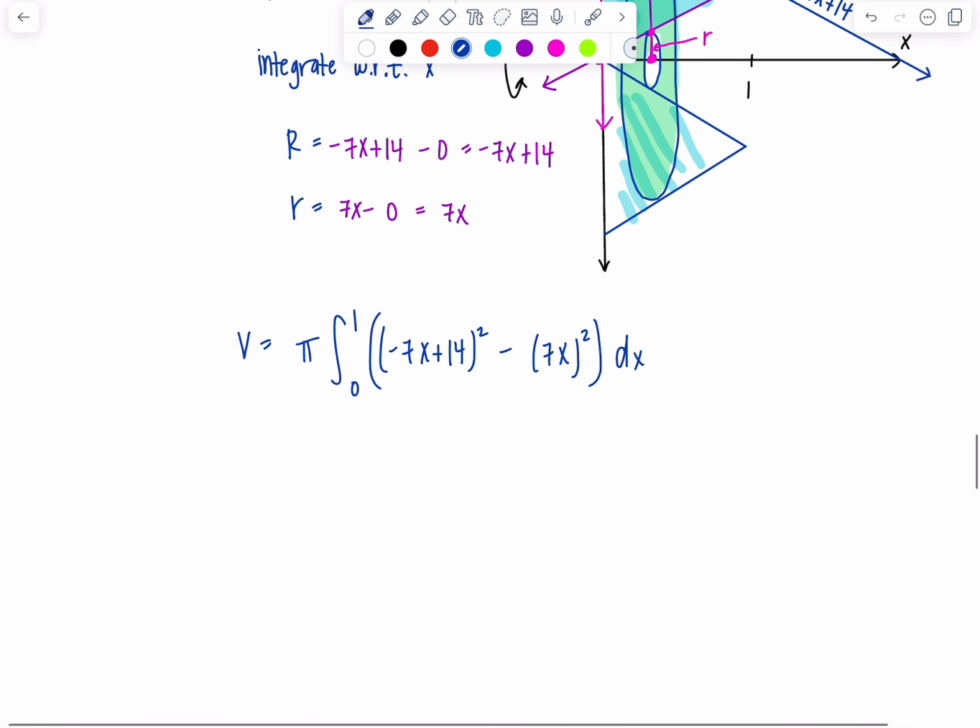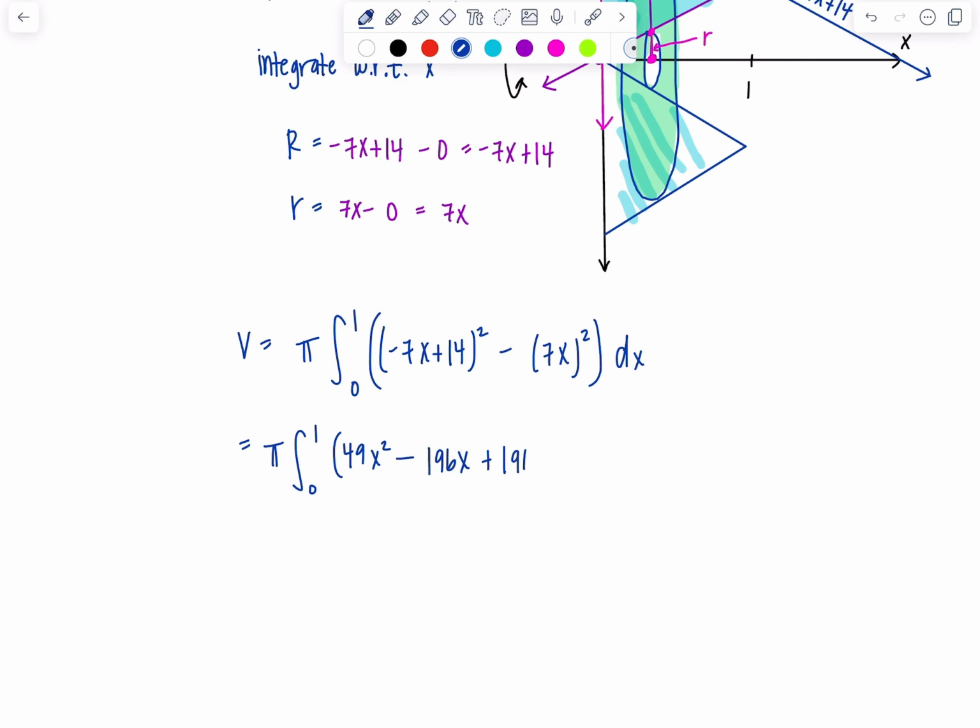Excellent. Now let's multiply this all out. Pi integral 0 to 1. If I FOIL that out, it's going to be positive 49x squared minus 7 times 14 times 2 ends up being 14 times 14. So this is 196x plus 14 squared is 196 minus, I have another 49x squared dx.